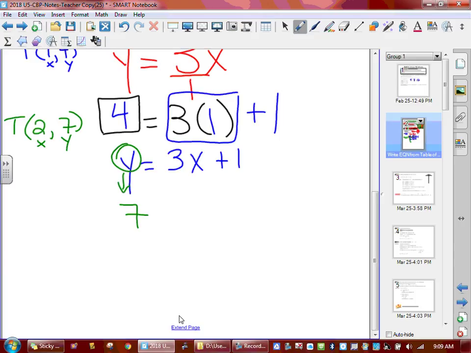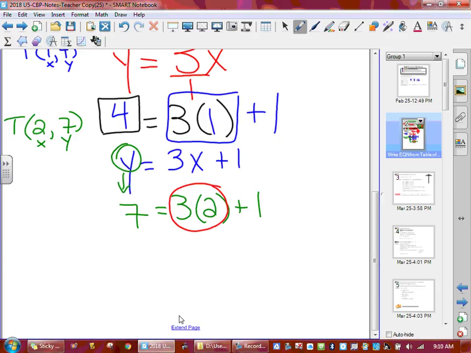Now, I take 3 times the X number, which is a 2, and then plus 1. And I want to see if the right side's equal to the left side. So let's do BEDMAS now. Which part am I going to do first? Am I going to take 2 plus 1? I need to multiply first, because they're sitting side by side.